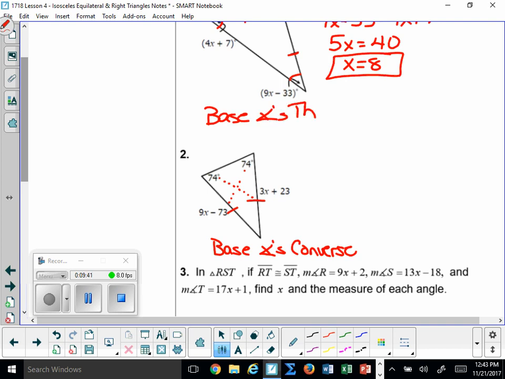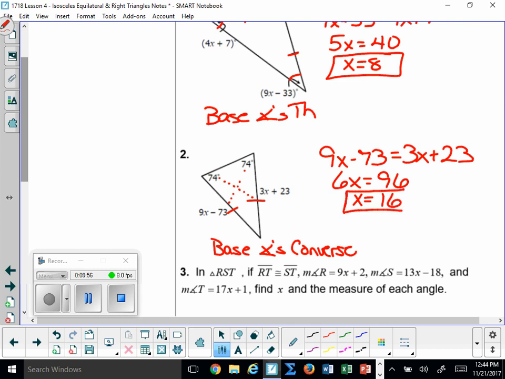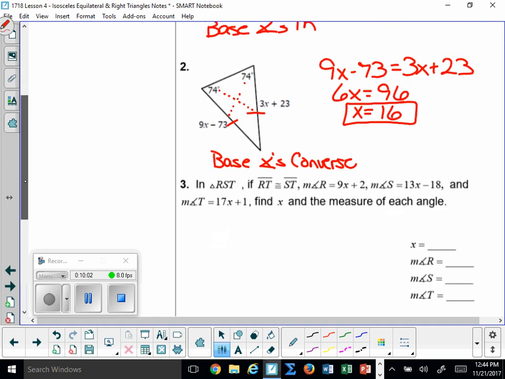All right, so if these two sides in number 2 are congruent, I can set them equal to each other and solve my equation.